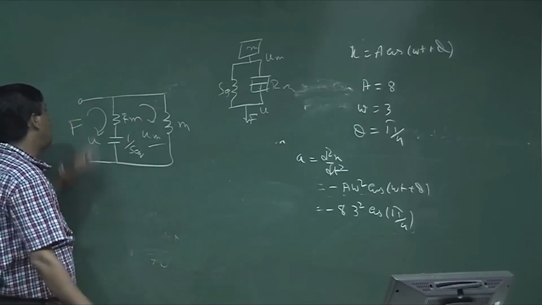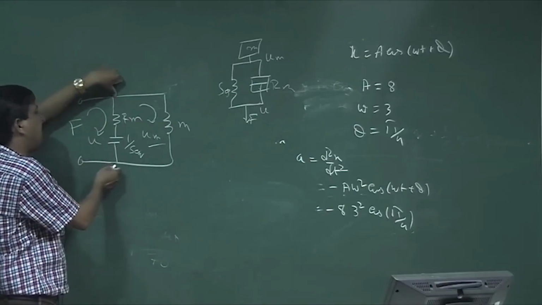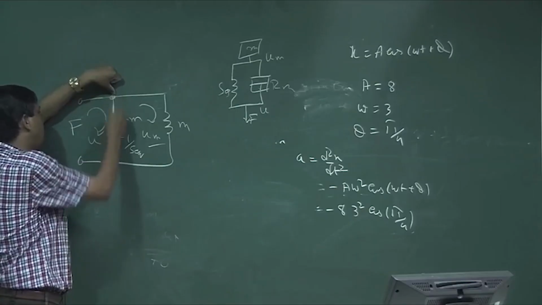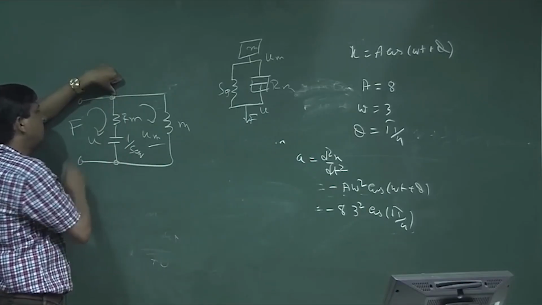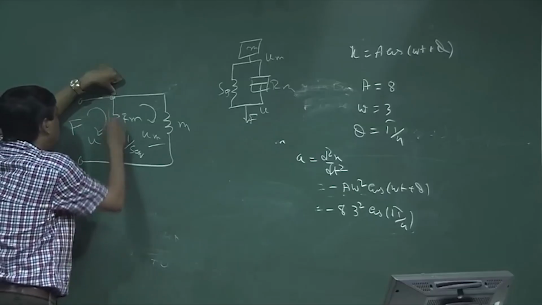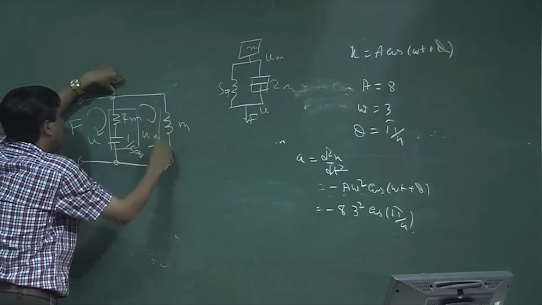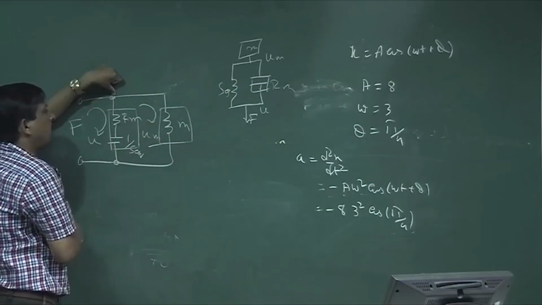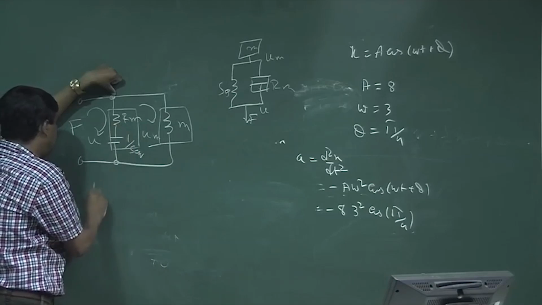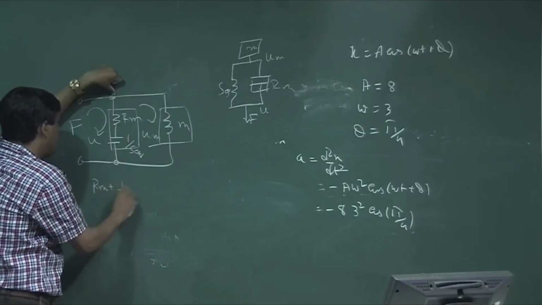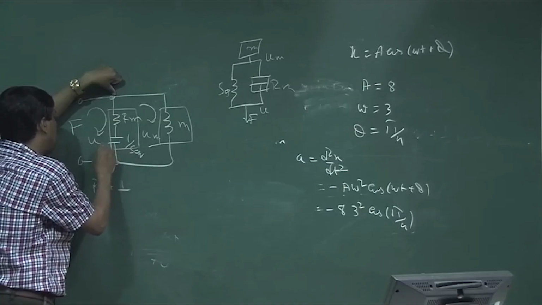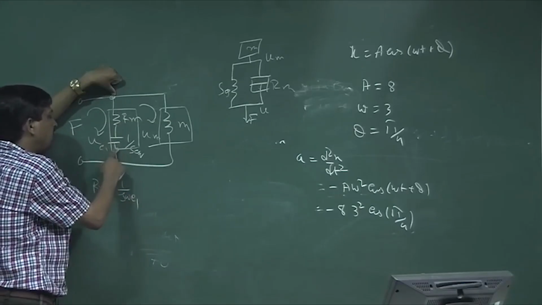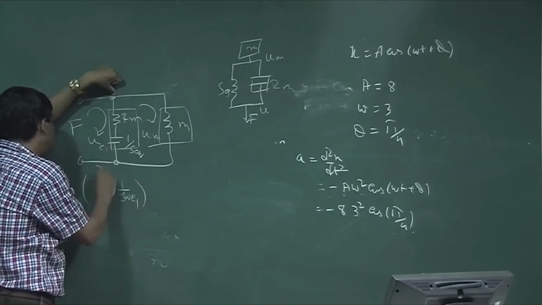Okay. Now, can you find out the mechanical impedance of these circuits? Find out the mechanical impedance between this node and this node. You find out the equivalent impedance of these things, which are in parallel. What is the equivalent impedance here? Rm plus 1 by j omega C1, these two are in series, let us call this Z1.